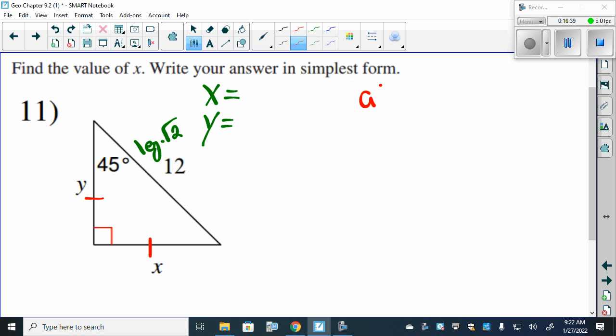So the Pythagorean theorem, a squared plus b squared is equal to c squared. And we know that a and b are the same, so we can just say x squared plus x squared is equal to 12 squared.